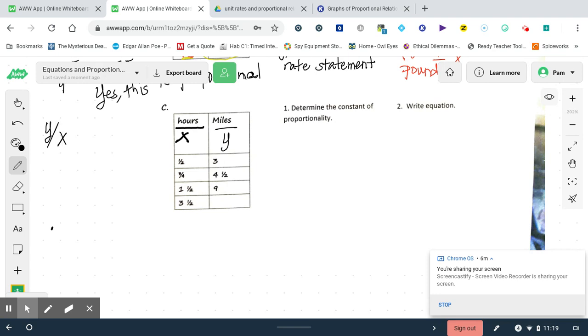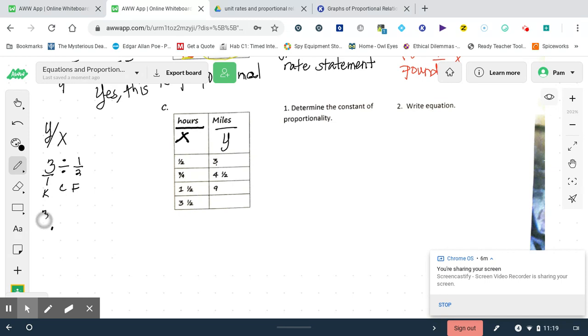So our y is, someone can go 3 miles in a half an hour. So you're going to do 3, since it has fractions, instead of using the division bar, you're going to use the division symbol. 3 divided by 1/2. Well, I'm going to put this over 1, and I'm going to keep, change, flip, which means I'm going to multiply by the reciprocal.